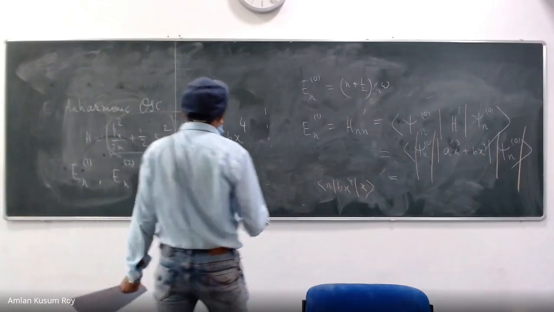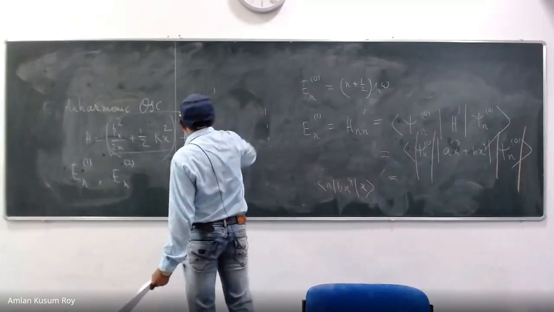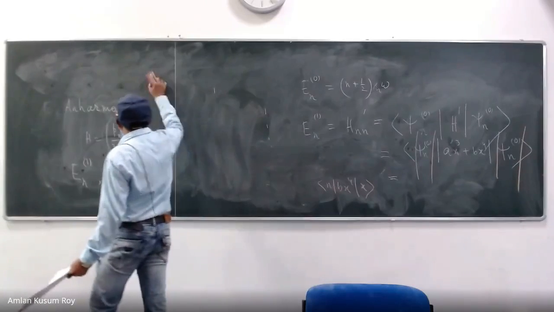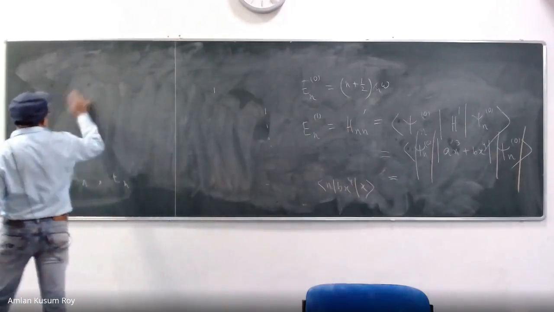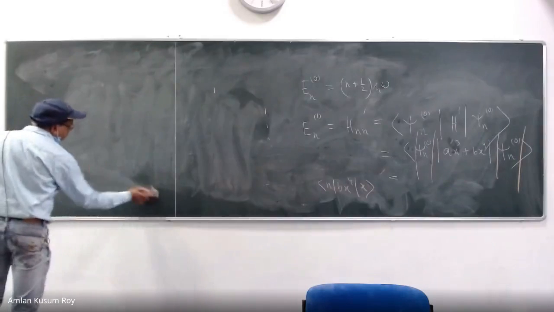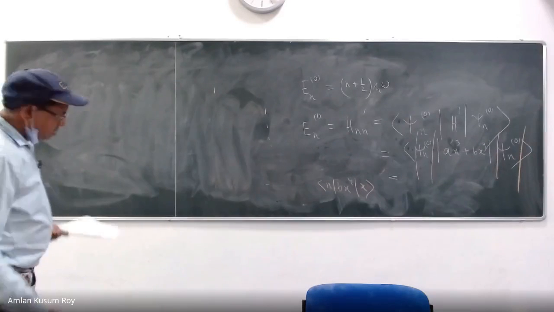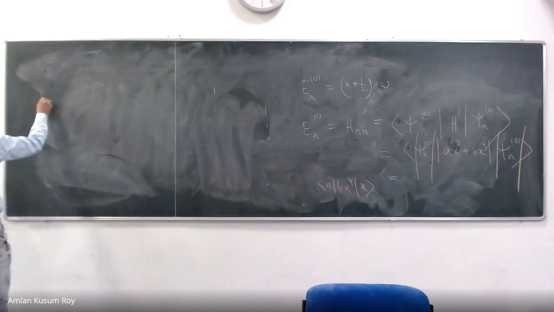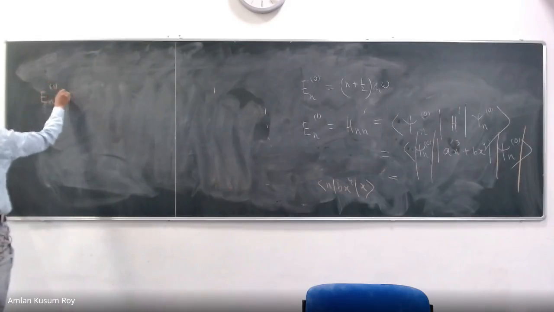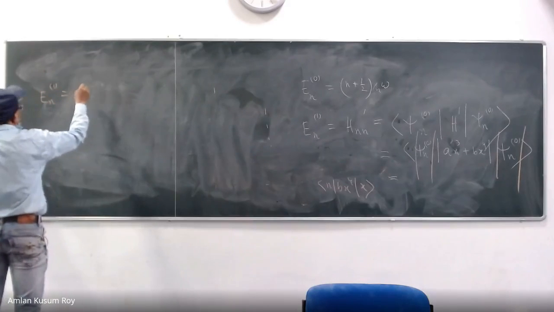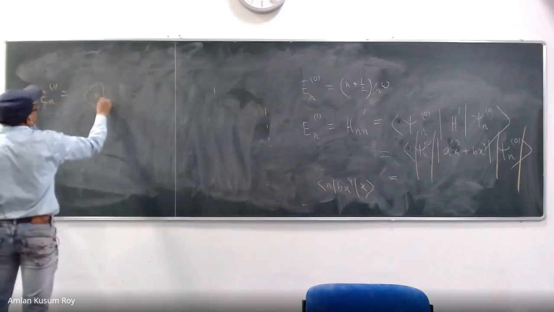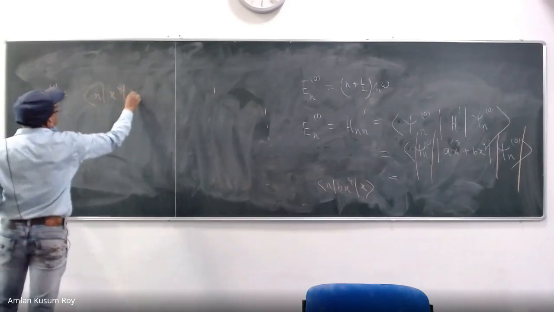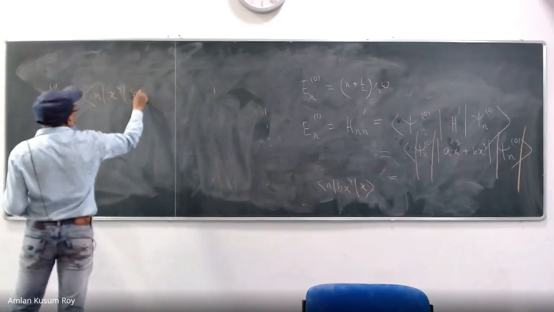Yes, sir. So I can just simply do one integration, and so it is x to the power 4. So up to first order correction, I can write that En1 is equal to only this much. So I can write n x to the power 4 n.